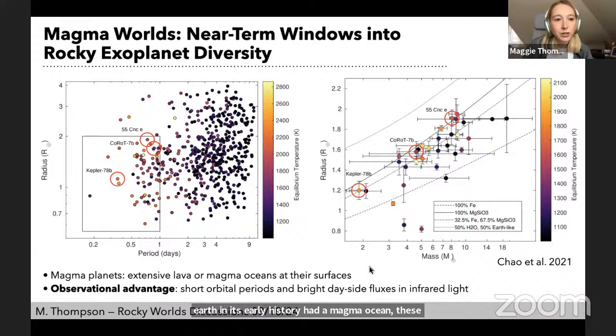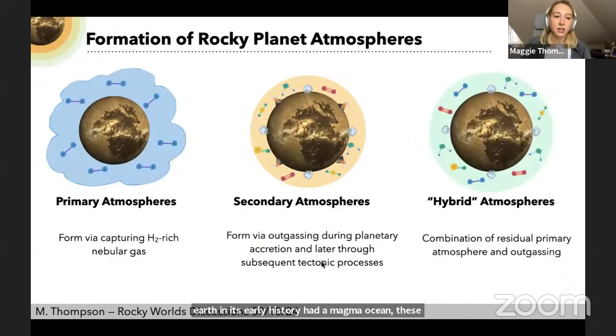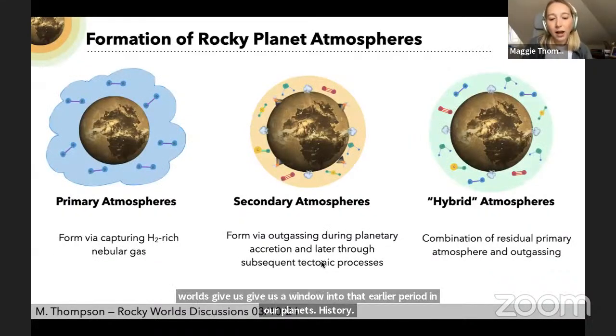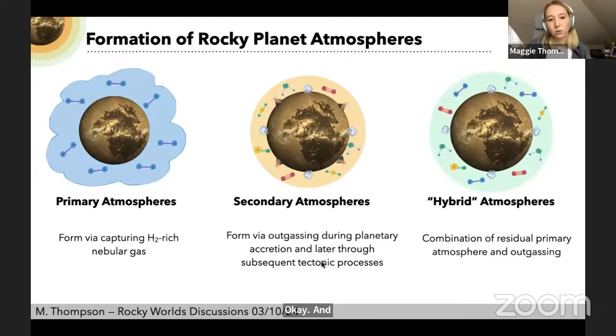Okay, and so taking a step back and thinking about how rocky planets themselves form their atmospheres, in general, when we just think about planetary atmospheres, not even thinking too much about planetary mass, we can think of generally 2 main types of atmospheres. So first, there are primary atmospheres, and these form when we capture hydrogen-rich gas from the stellar nebula.